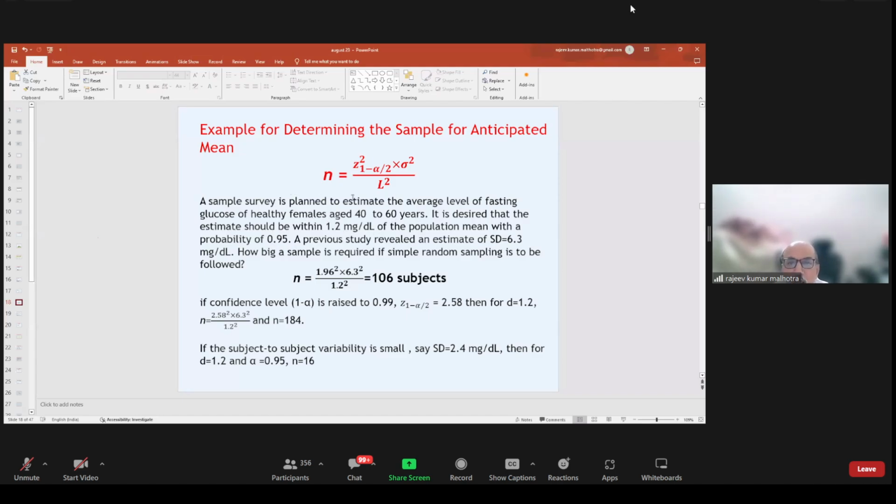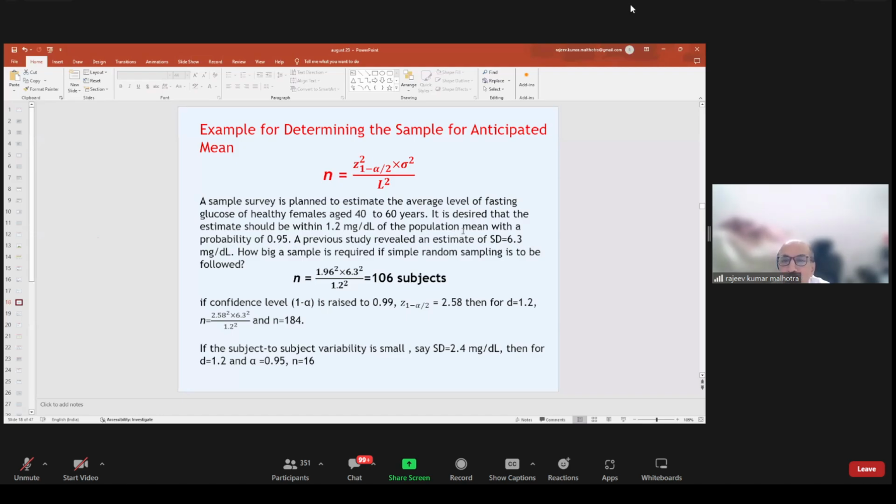So our target population is what? Females 40 to 60 years, and my primary outcome is the average level of fasting glucose. It is desired that the estimate should be within 1.2. Whatever I estimate should lie within 1.2. This is our margin of error.